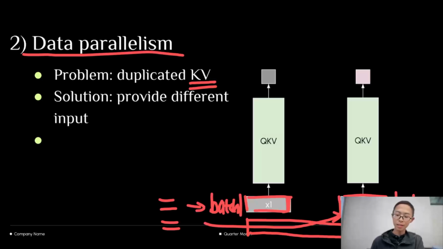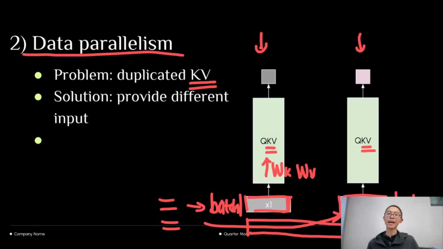If the inputs are different, will the KV value be the same or different? Although we are duplicating the model 2 times, so that WK and WV are the same, the input is changed, so the output will also be different. And this KV, you might ask what KV means. It's just the computation result of X multiplied by WK.